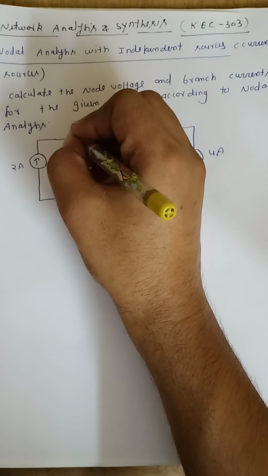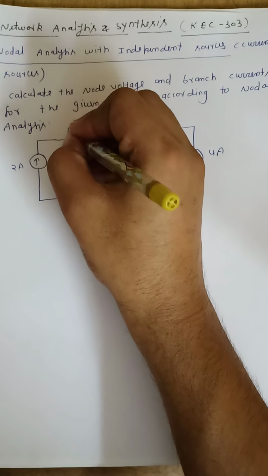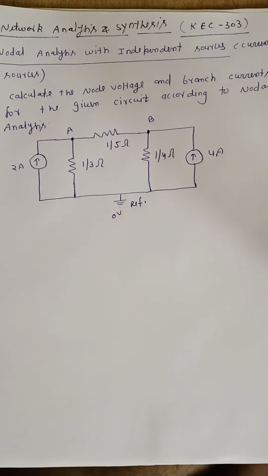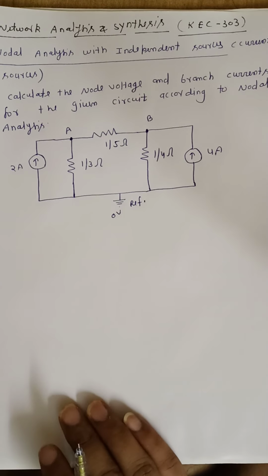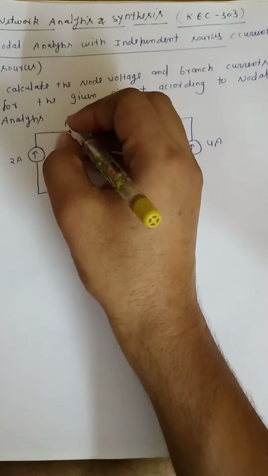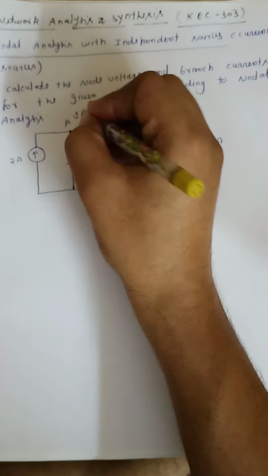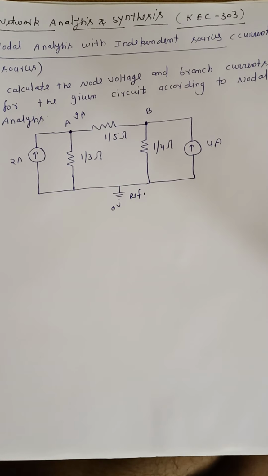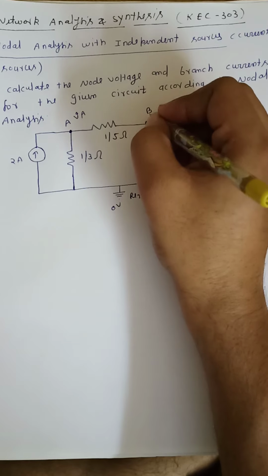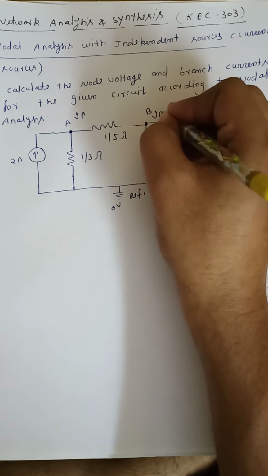Suppose this node is capital A and this node is capital B. Here we define the potential at node A as VA, and the potential at node B as VB.